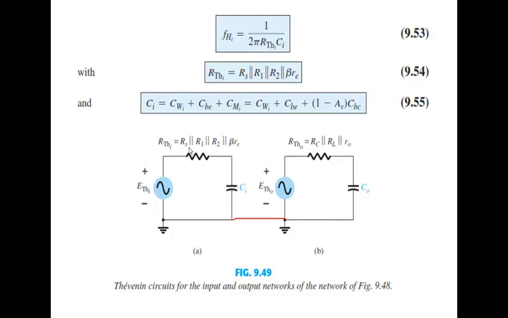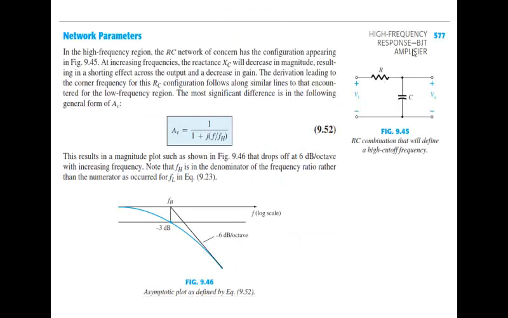You have already seen a high pass filter in which the capacitor is here and the resistor is here, but this is the opposite case. The resistor is sitting here and the capacitor is sitting here, so this would be a low pass filter. This would also be a low pass filter. So a low pass filter has this kind of topology: a resistor and a capacitor. The capacitor sits in parallel with the output.